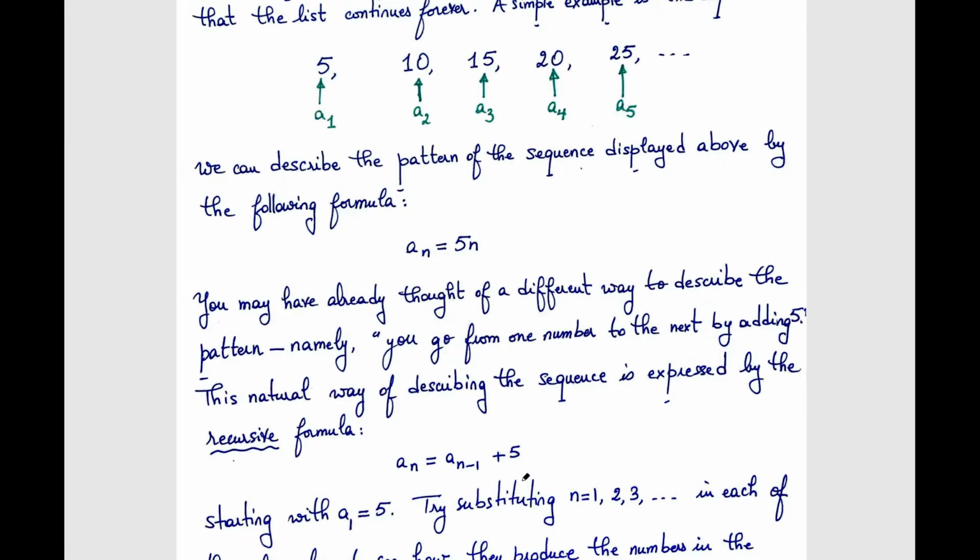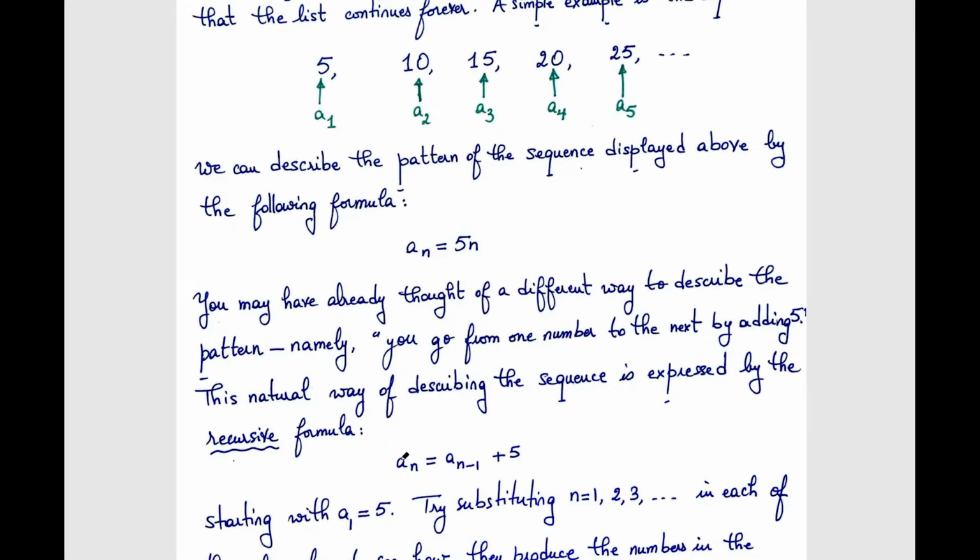Correct? Okay? But that recursive formula is described based on the previous one, so you have to define the very first term for the user in some sense, and the very first term is 5, right? So a sub 1 would be 5. Okay? So if a sub 1 is 5, what's a sub 2 according to this recipe?